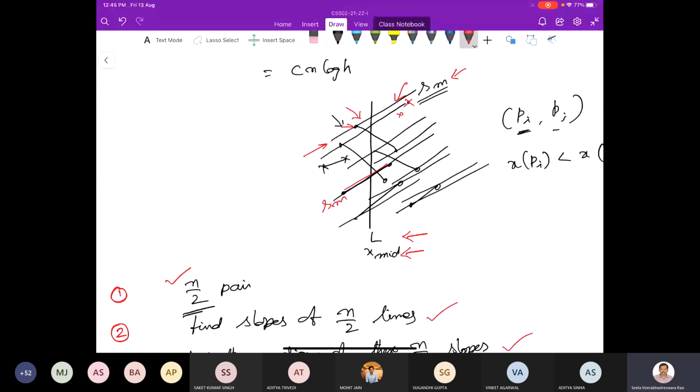Out of all the parallel lines here, you take the topmost one, this particular line. All other lines are below this one. So this line is a supporting line to the final convex polygon, or a tangent.